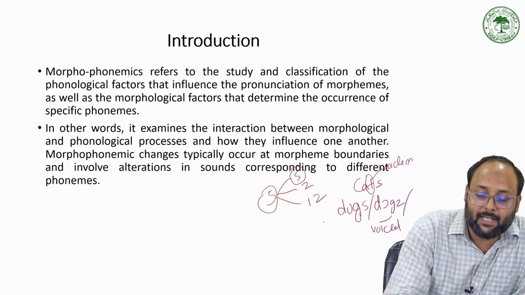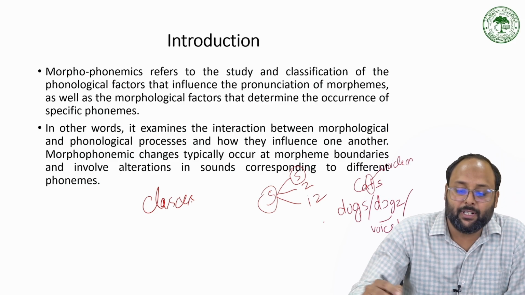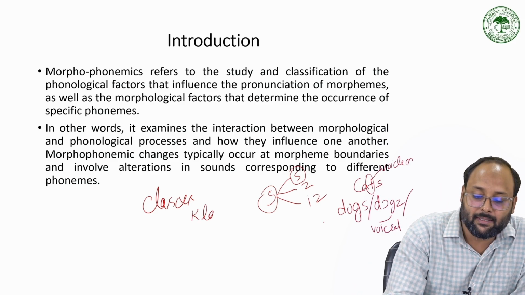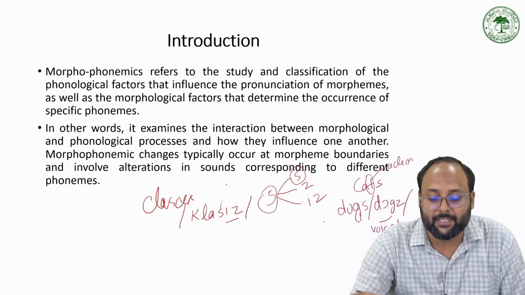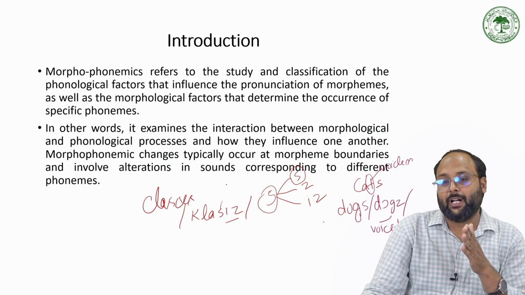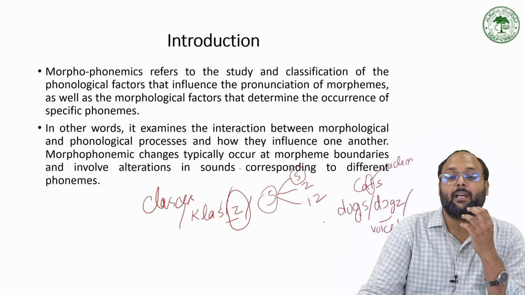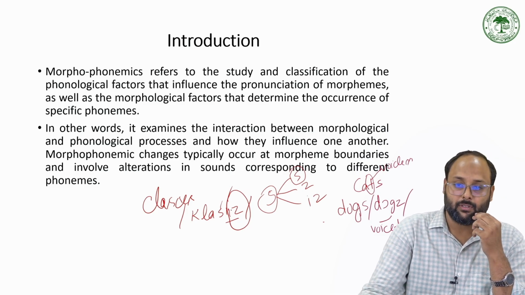And we have another example, like classes. When the preceding sound is s, it occurs as classes, so it occurs as iz. When the last sound is a sibilant like s, z, ch, j, in this environment the s occurs as iz.